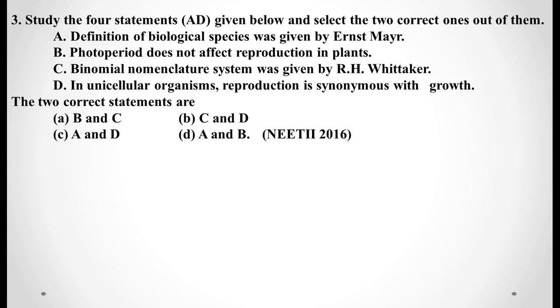The statements are: A, definition of biological species as given by Ernst Mayr. B, photoperiod doesn't affect reproduction in plants. C, binomial nomenclature system was given by R.H. Whittaker. And the fourth one, D, in unicellular organisms, reproduction is synonymous with growth.